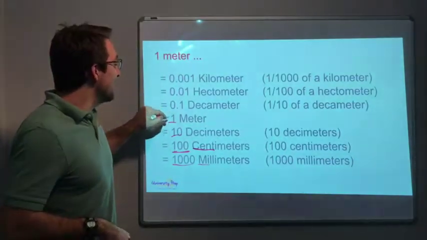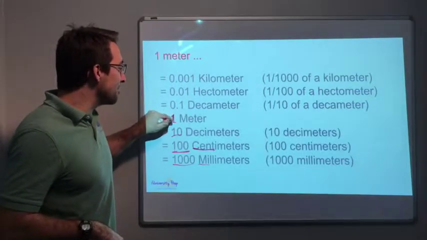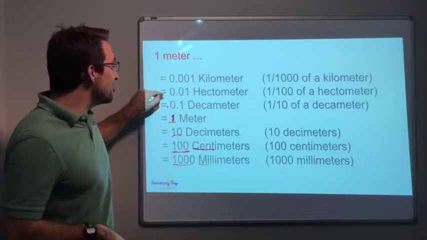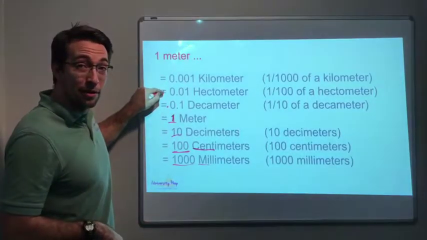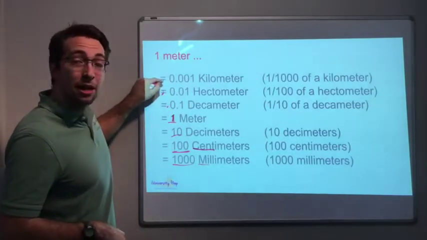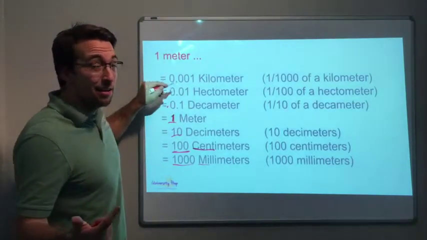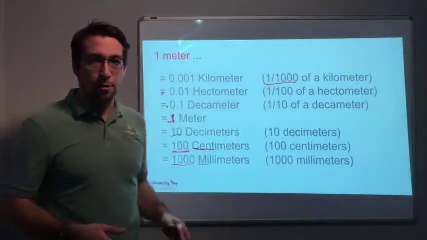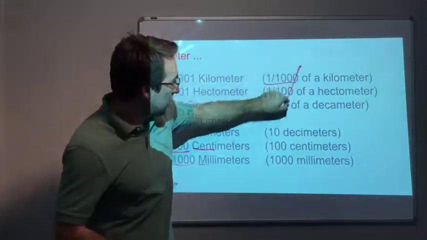Now watch this. There's 10 meters in a decameter. There's 100 meters in a hectometer. Okay, a hectometer. And then there's 1,000 meters in a kilometer. So 1 meter is 1/1000th of a kilometer. Look at the symmetry here.